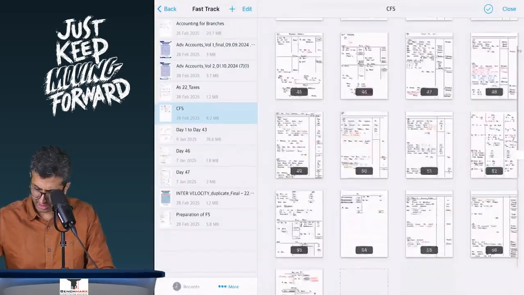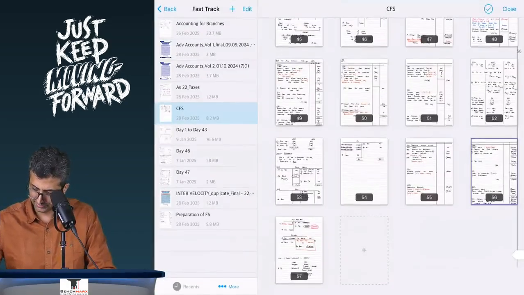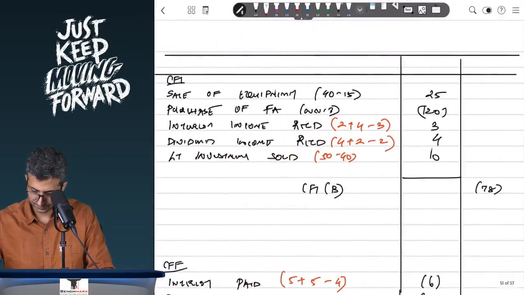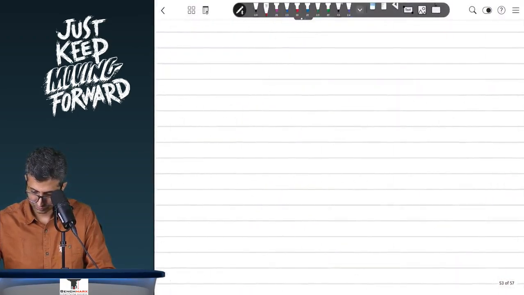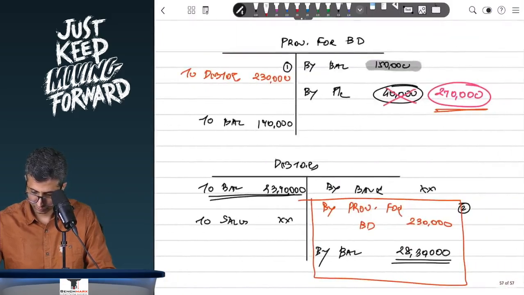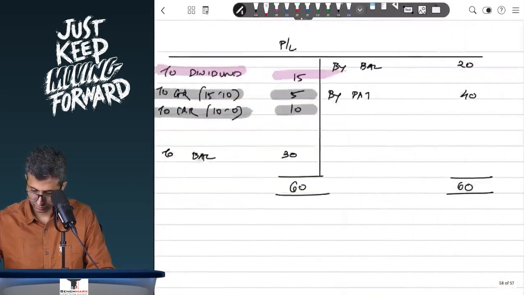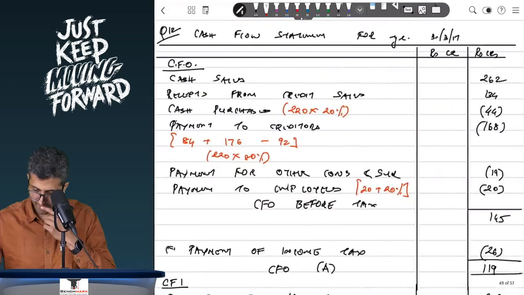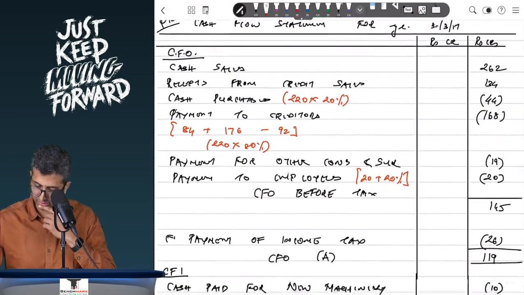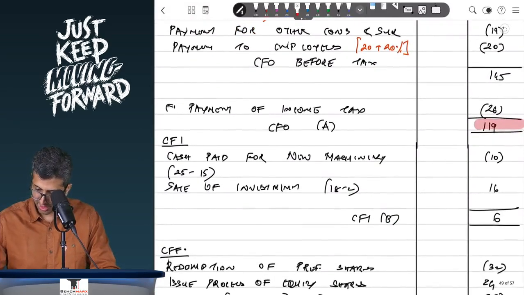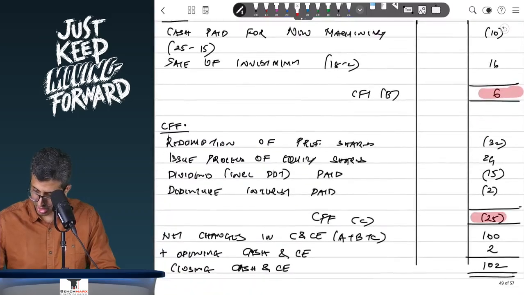एक बार इसका देखते कुछ मिस आउट तो नहीं हो गया ना. 12, yes. This was our question. This is 119, 6, 25 negative.